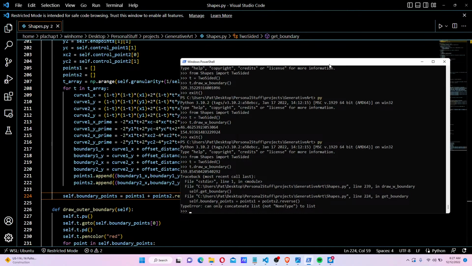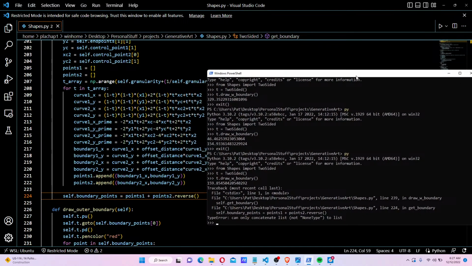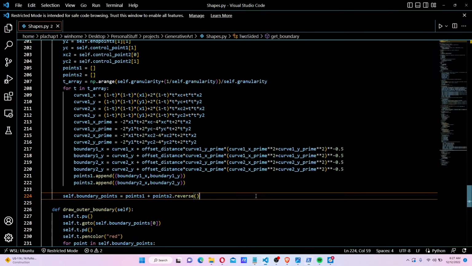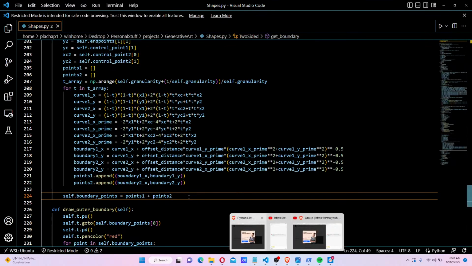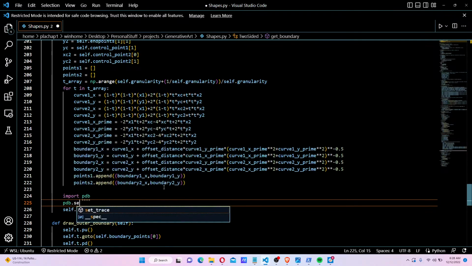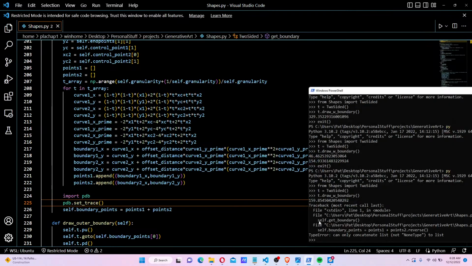Can only concatenate list, not none type to list. Put the debugger in right there.